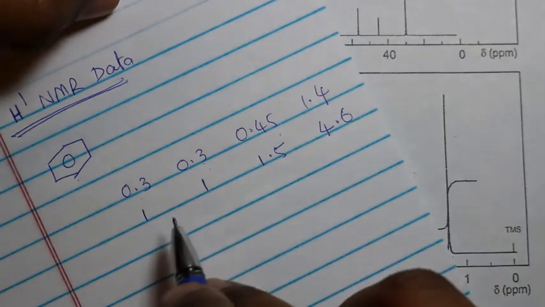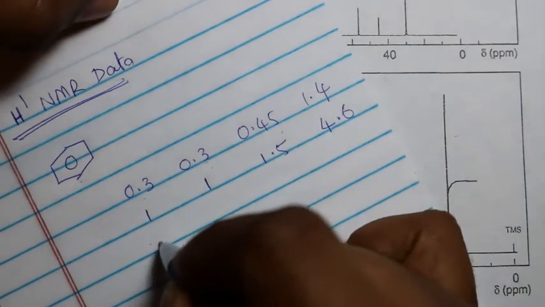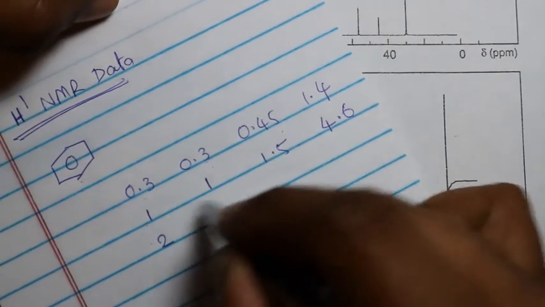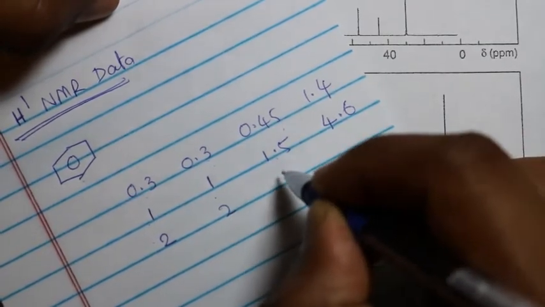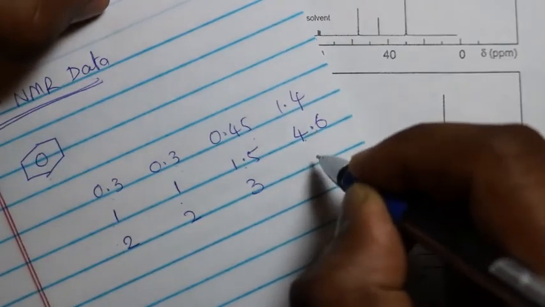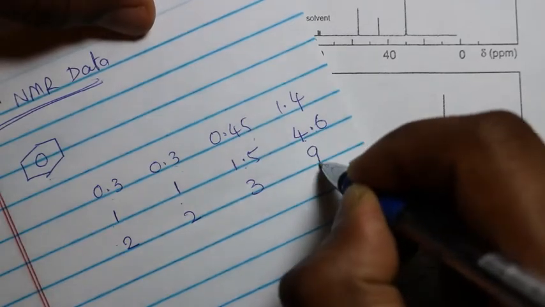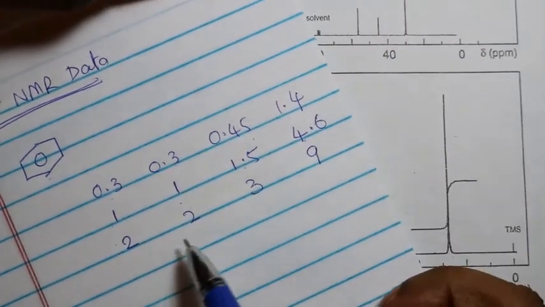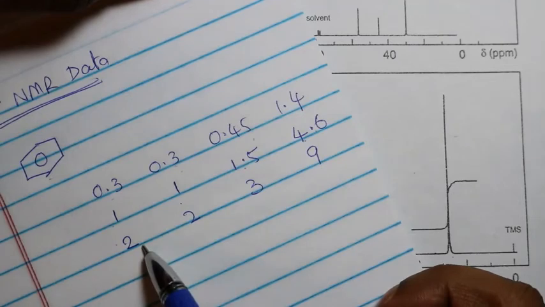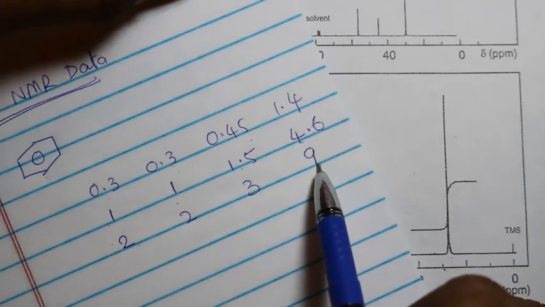Now multiply this by 2 to get the whole number. 2 times 1, 2 times 1, 1.5 is 3, 2 times 4.6 is 9.2-ish, so I'm taking 9-ish. Now if you count the number of hydrogens here, it's 2 plus 2, 4, 3, 7, and 9, 16.